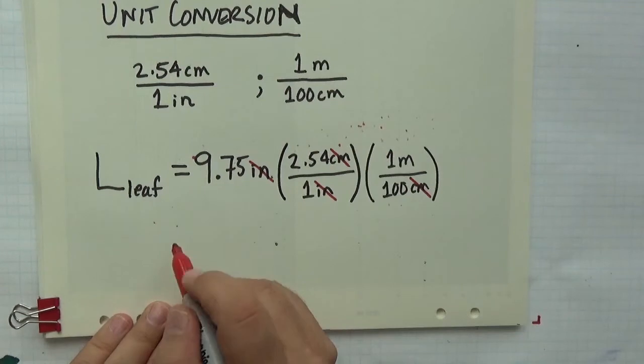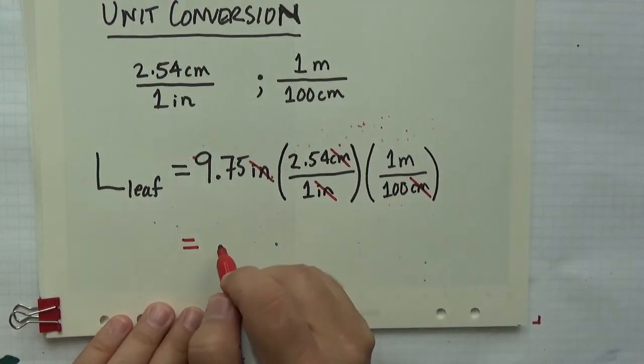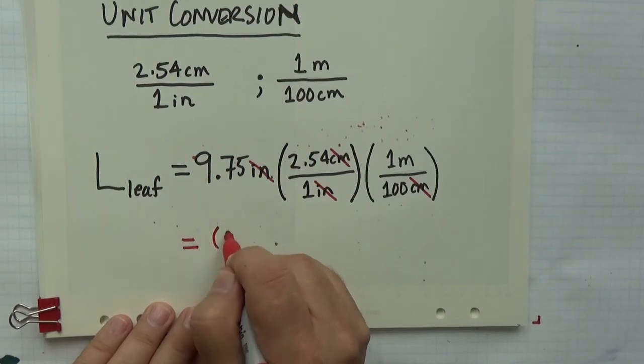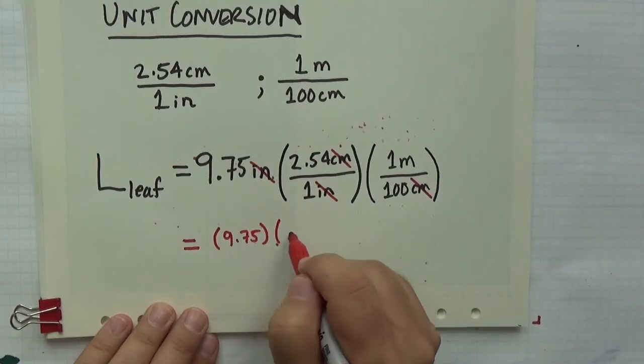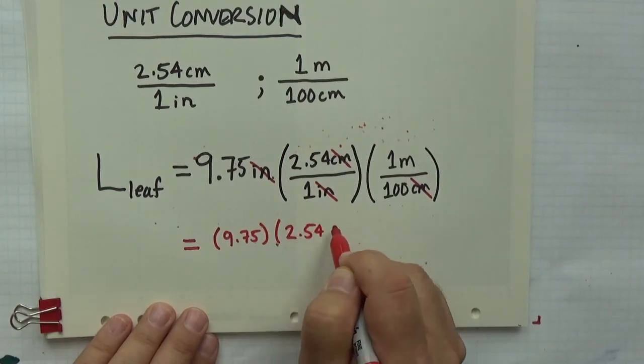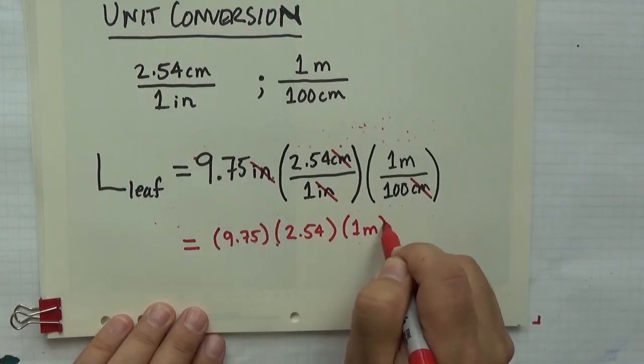So if I were to write that out now, let me write the numbers together, and then I'll do the calculation on my calculator. This now becomes 9.75, the inches have canceled out, 2.54, the centimeters have canceled out, times 1 meter.